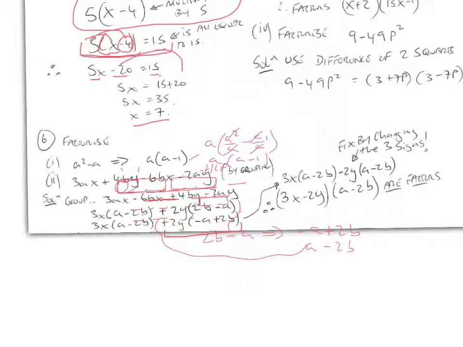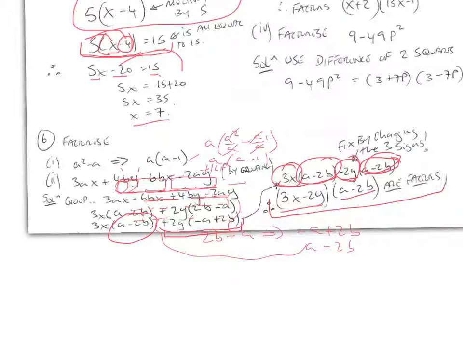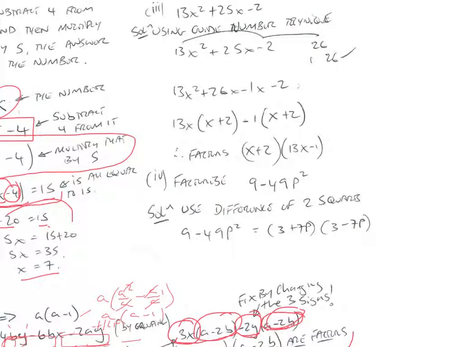So then I'll have 3x by a minus 2b, which is as it was, but instead of plus 2y minus a plus 2b, I'll have minus 2y by plus a minus 2b. So now this looks like the same factor over on this side. So my standout factors are a minus 2b, and my other factor is 3x minus that 2y. So these are the factors.